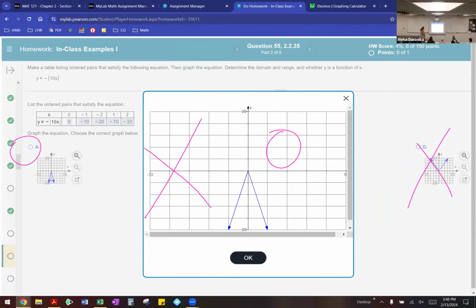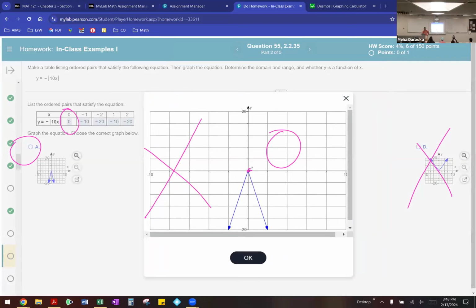Now 0, 0 is not going to be helpful because both graphs start at 0, 0. So you have to find some of the other points. I'd probably do these two. So negative 1: you can see this is ending at negative 10, right? So that tells you these are going to be in 2. So your negative 1 is here. These would be negative and positive 2. So you can use those markers.